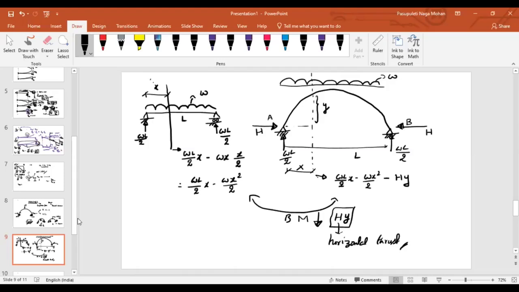The amount of horizontal thrust that is created should also be large. That's why generating that type of support is somewhat complex compared to the beam or normal simply supported case. So this is also one of the drawbacks, and there will be other drawbacks, like ease of construction and ease of engineering skills.